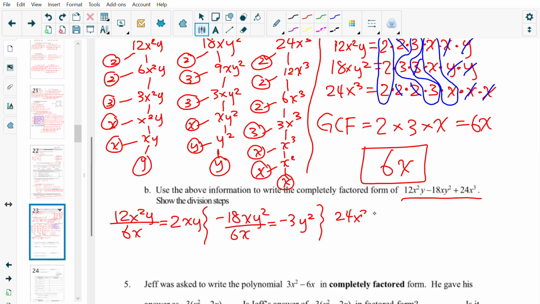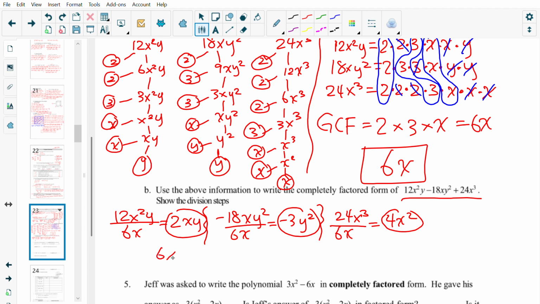And then 24x cubed divided by 6x, that is 4x squared. So these three terms are what's going to be left in the brackets when I factor out a 6x.